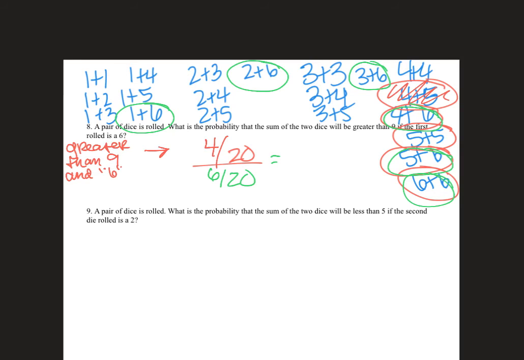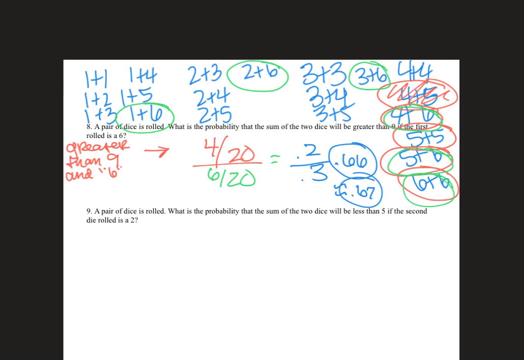Now you're going to get your numerator. It's going to be 0.2. Your denominator is 0.3. So 0.2 divided by 0.3 is 0.666. We can round that to about 0.67.